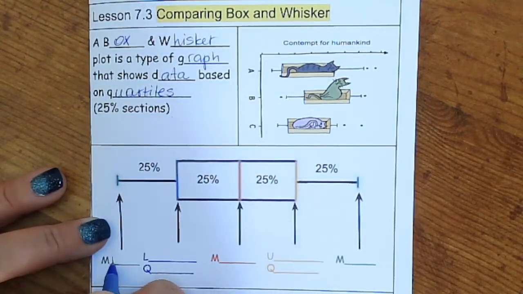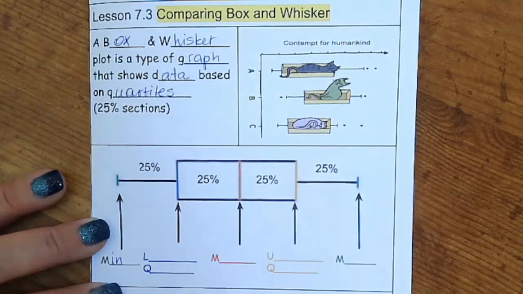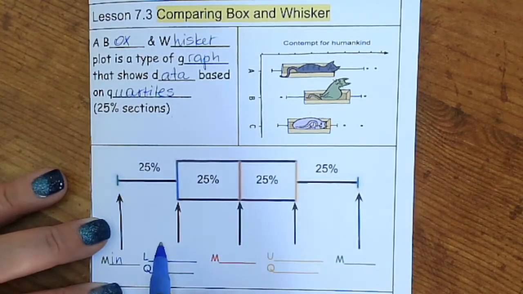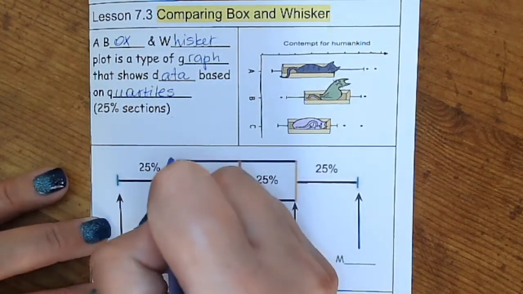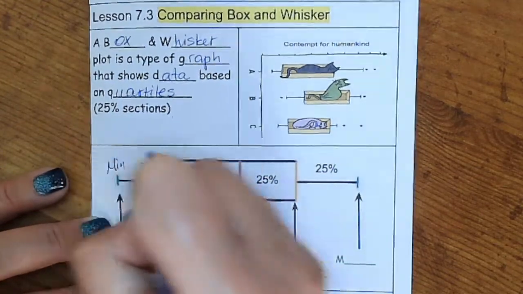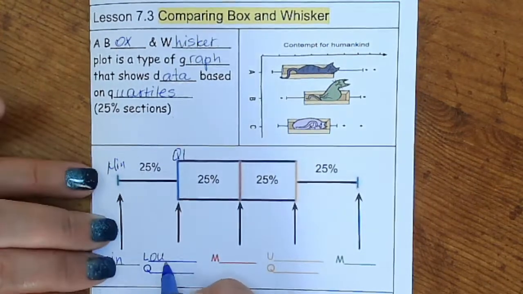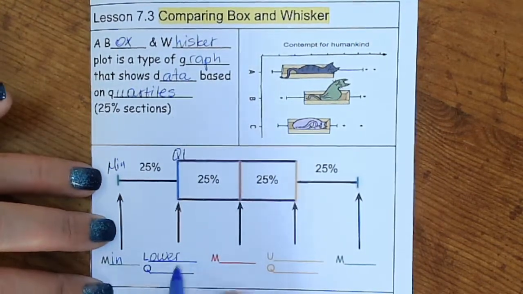Lowest value or minimum is the end on the left side where the box and whisker starts. Then we have the Q1 or lower quartile.